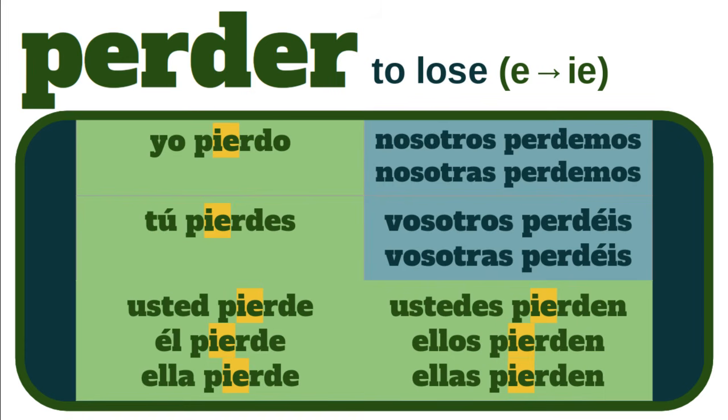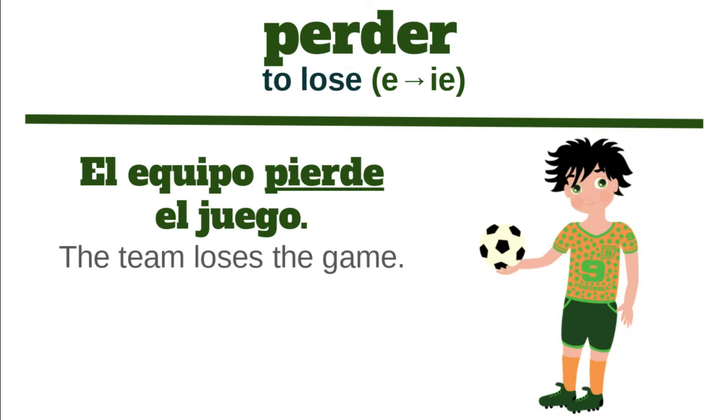Yo pierdo, tú pierdes, usted pierde, él pierde, ella pierde, nosotros perdemos, nosotras perdemos, vosotros perdéis, vosotras perdéis, ustedes pierden, ellos pierden, ellas pierden. El equipo pierde el juego. The team loses the game.